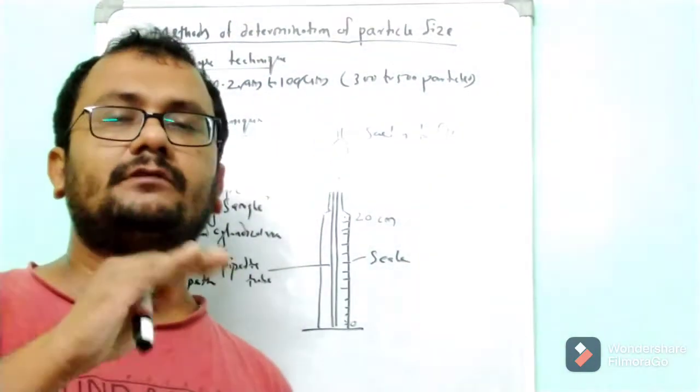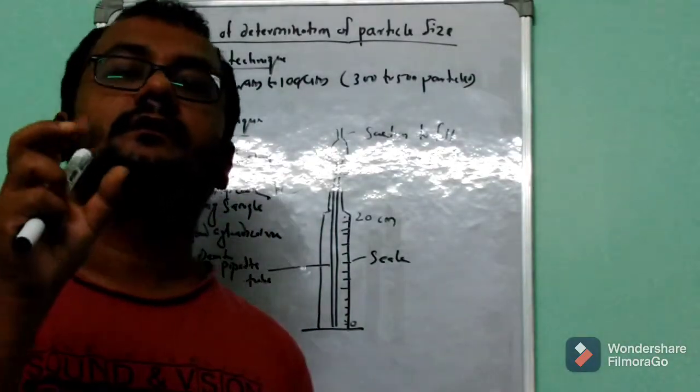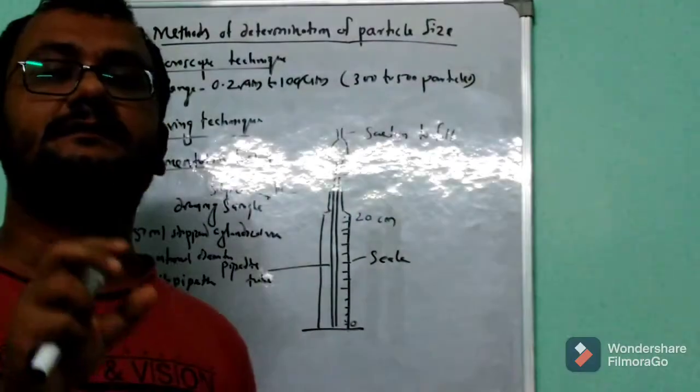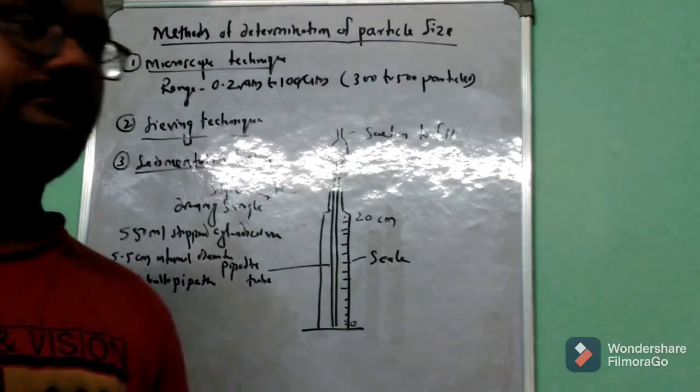So we get data on the particle size ranges in a powder mixture across different sieves. That is known as sieve analysis.